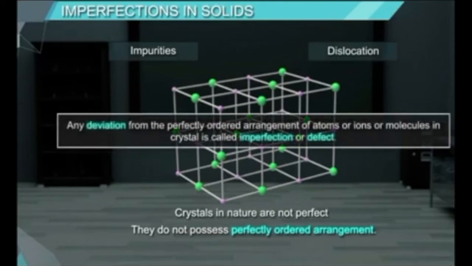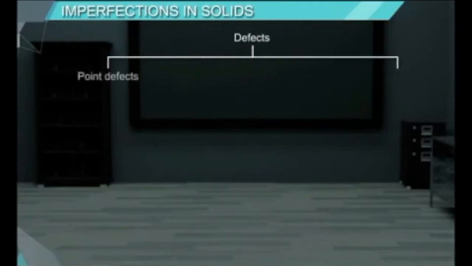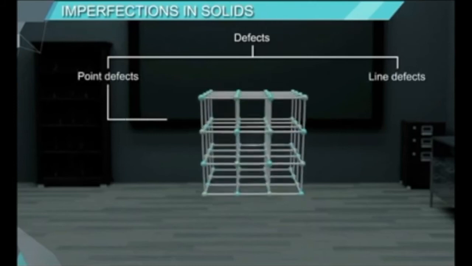Any deviation from the perfectly ordered arrangement of atoms or ions or molecules in a crystal is called imperfection or defect. Defects can be classified into two types: point defects and line defects.